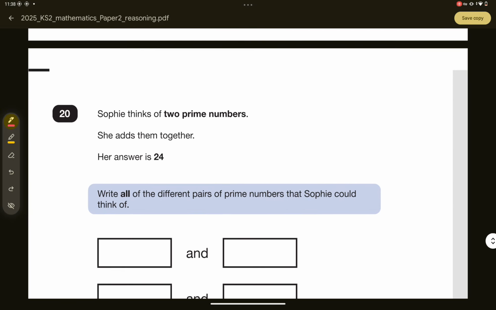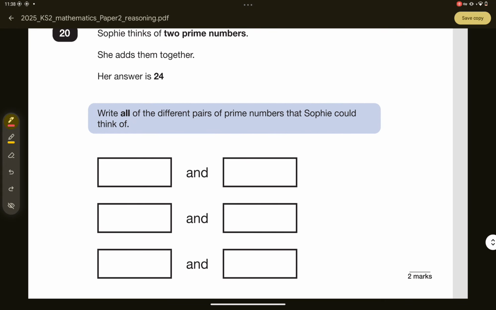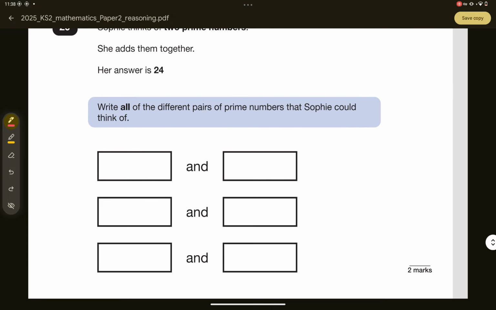So 22. Sophie thinks of two prime numbers. She adds them together. Her answer is 24. Write all of the different pairs of prime numbers that Sophie could think of. So there could have been, it's saying to just write 3. So the first thing we need to know is what a prime number is.